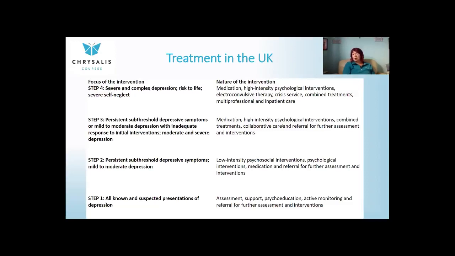And step 4, for severe and complex depression, risk to life and severe self-neglect, then medication, high-intensity psychological intervention, electroconvulsive therapy, crisis service and multi-professional teams and inpatient care. Now, while this is all very nice and looks good, I'm personally not convinced that it happens as it should.